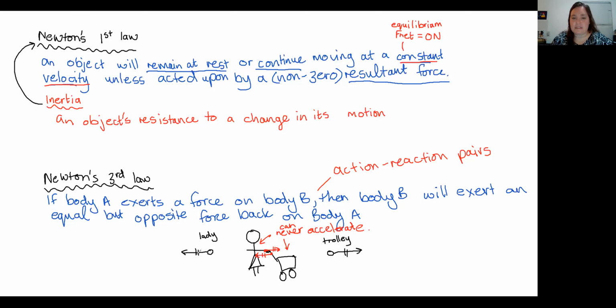Therefore, as long as the lady, because there's only a backward force on her, if her legs push with enough of a forward force, she can definitely accelerate. Sorry, that shouldn't have two lines, that's not the same. And the trolley, depending on how big the friction is that's acting backwards, can also accelerate or decelerate, depending on the size of the two. So please just remember that you cannot cancel out action-reaction forces because they act on two different objects.